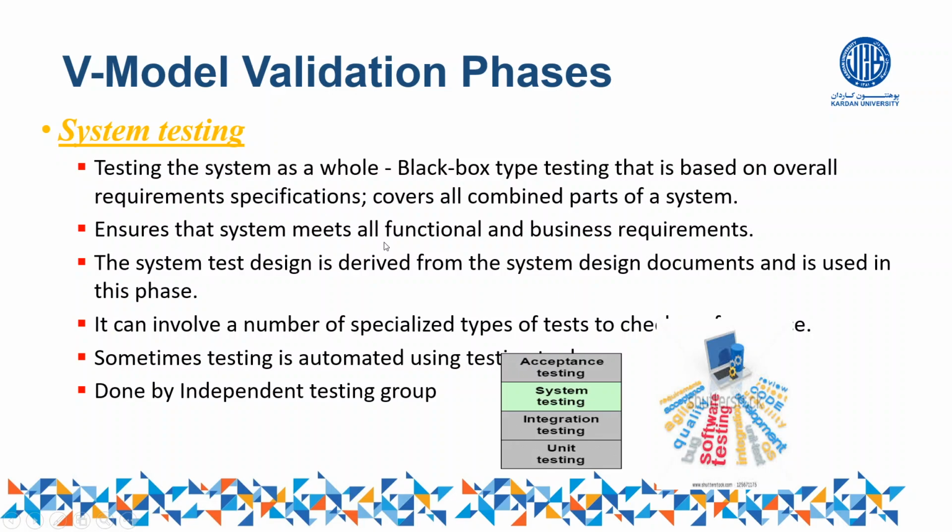It ensures that the system meets all functional and business requirements. Business requirements are actually the user requirements or the customer requirements. So system testing basically ensures that all the functional requirements and all the user or customer requirements are fulfilled.